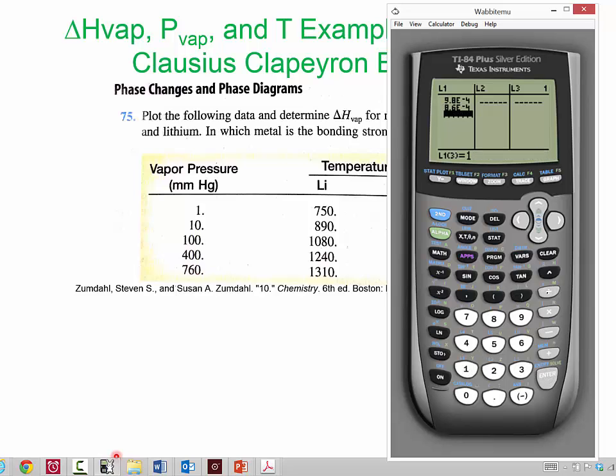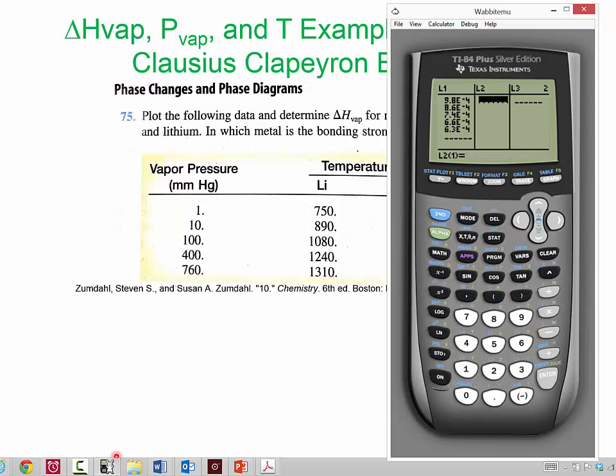And our next value that we get is 1080 plus 273. And now 1240, so 1 divided by 1240 plus 273. And then our next value, one more, 1310 plus 273.